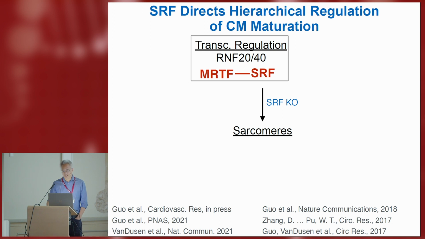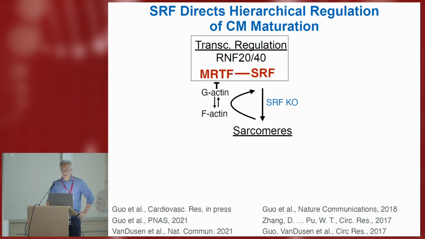We identified an epigenetic regulator, RNF2040, that seems to be important for the maturational shift in gene expression. We also found, of all the cardiac transcription factors we screened, that SRF had a uniquely important role in driving cardiomyocyte maturation, probably because it organizes sarcomeres.